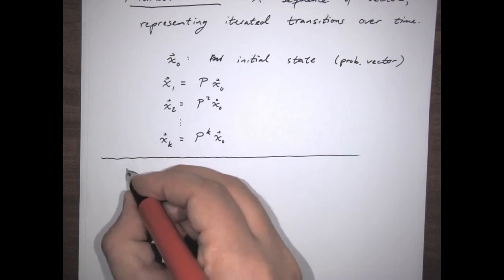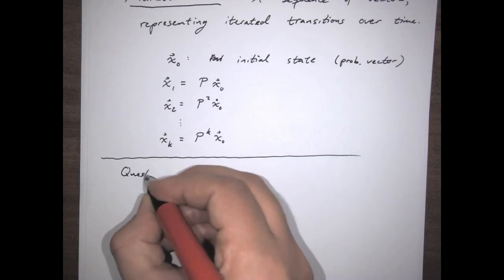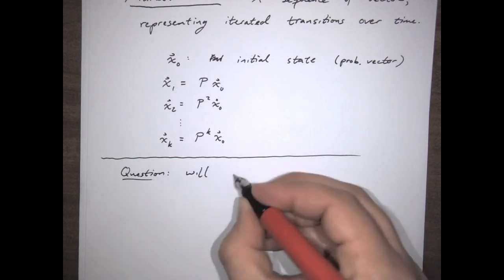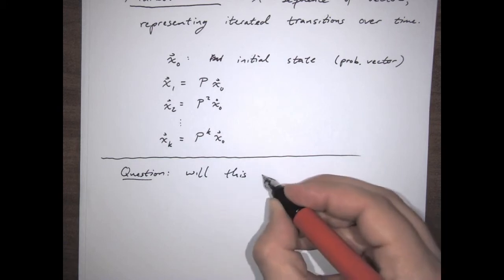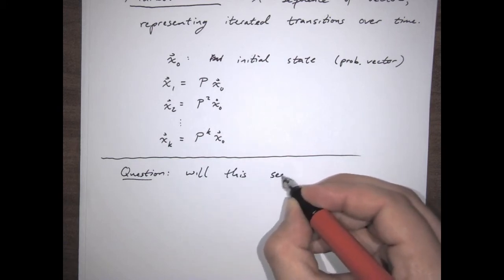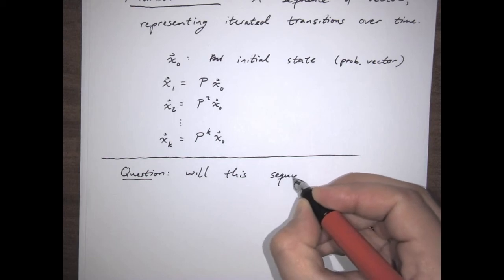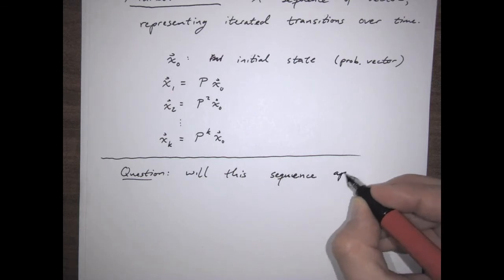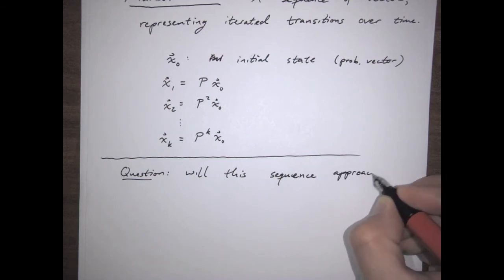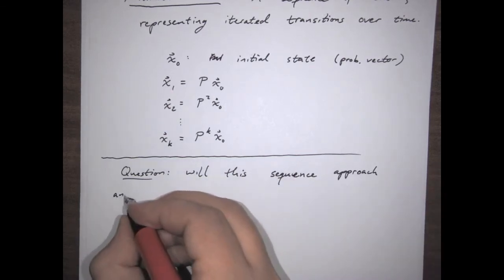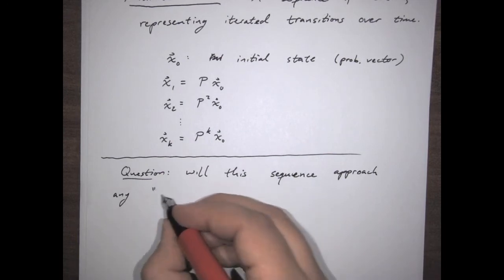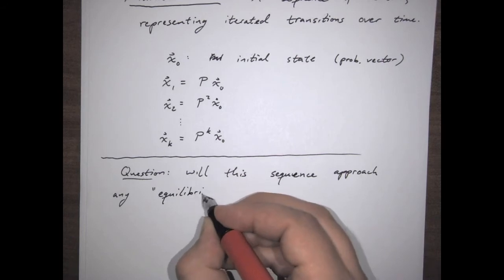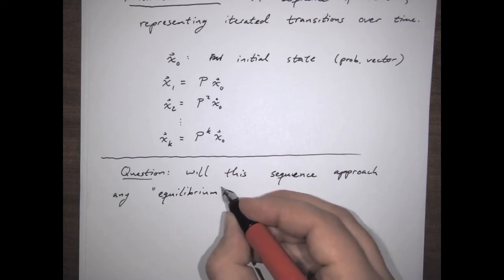So the question: will this sequence approach any equilibrium vector?